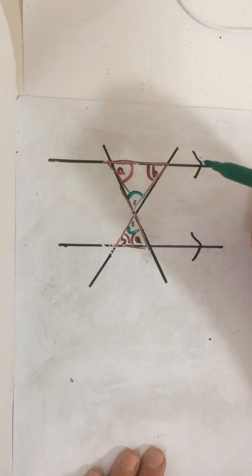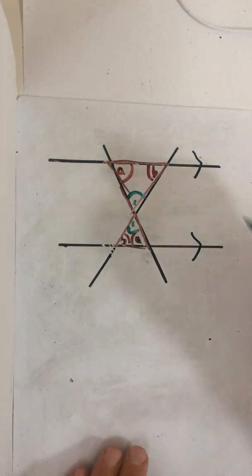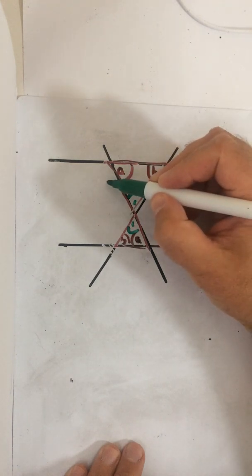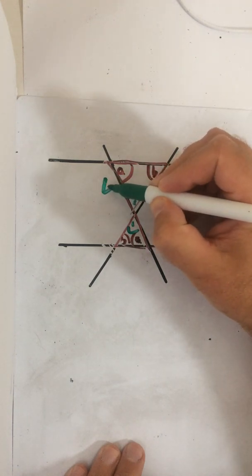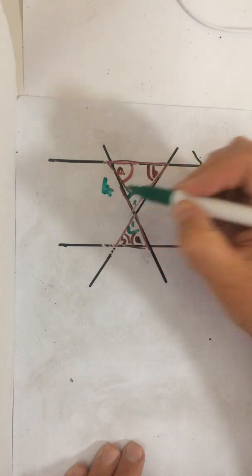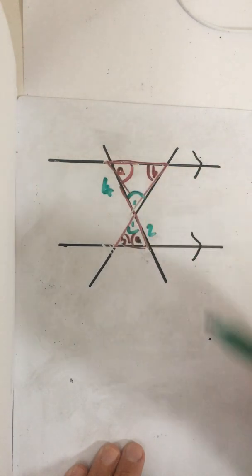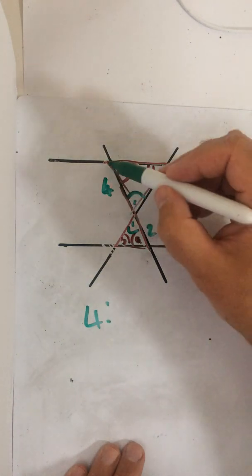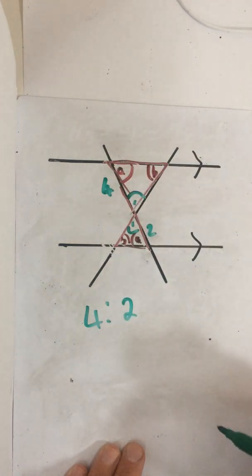Now the lengths of the sides are different. So for example, if this side was 4 centimeters and this side was 2 centimeters, we can see the ratio there, can't we? The larger one is 4 to 2.